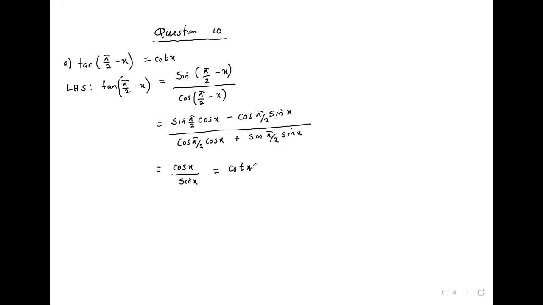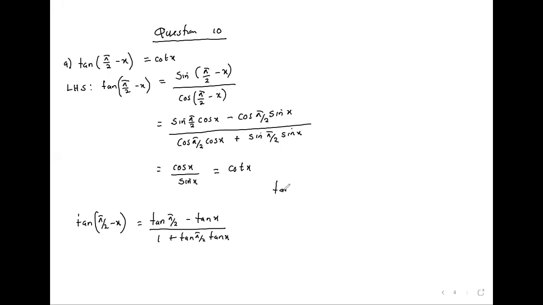Sir, can we use that formula for tan, the previous one? You can't. Tan 90 minus x will be the same as tan 90 minus tan x over 1 plus tan 90 tan x.